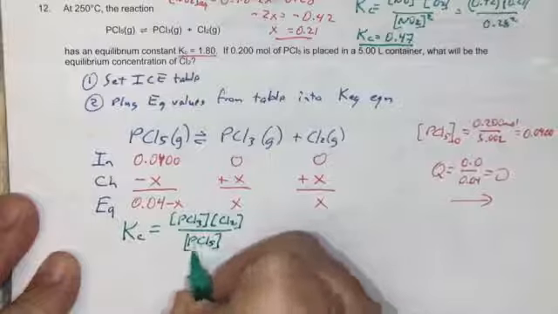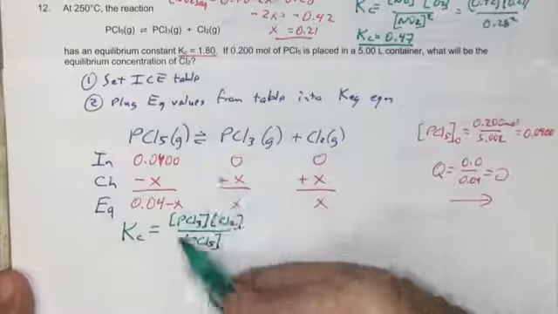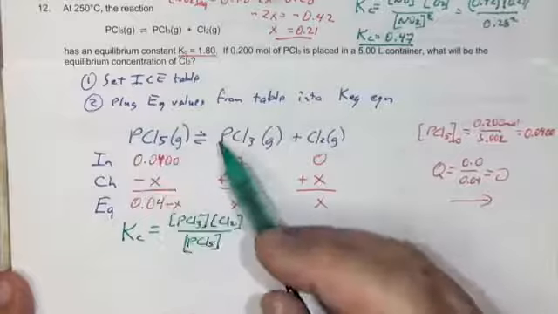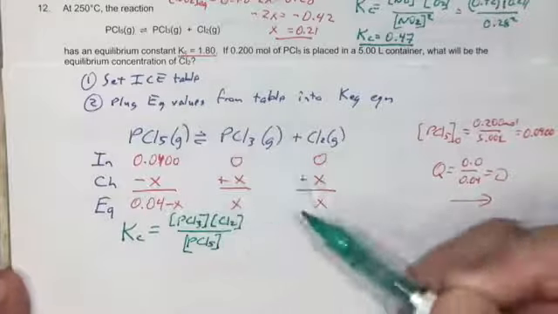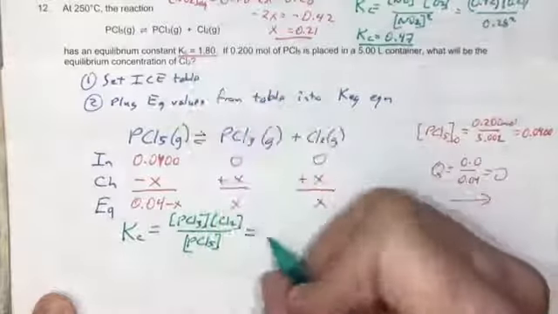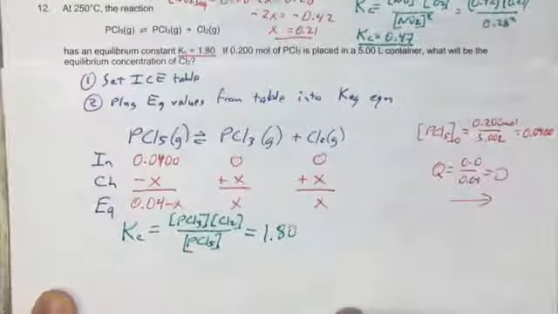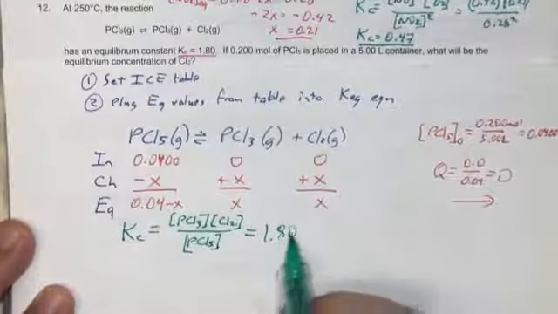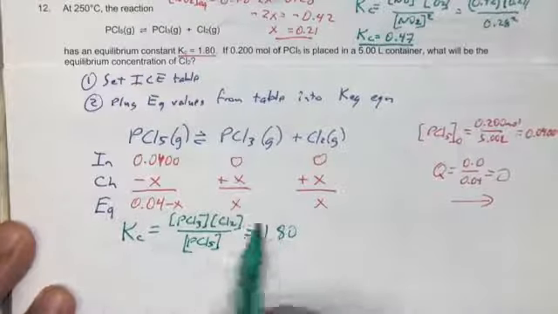That's the definition of the equilibrium constant. It's always products over reactants raised to their appropriate coefficients. The coefficients are all 1, so they're all raised to the power of 1. Kc is given. It's 1.80. K does not have any units. So that's the Kc equation.